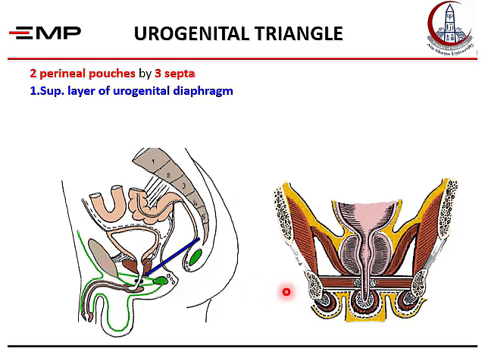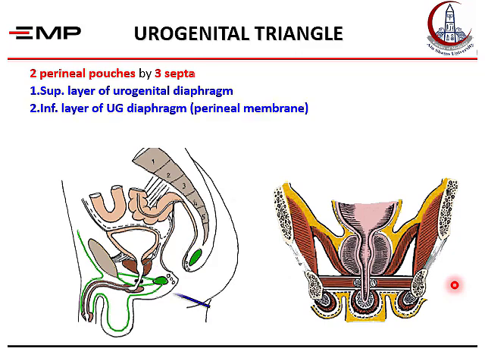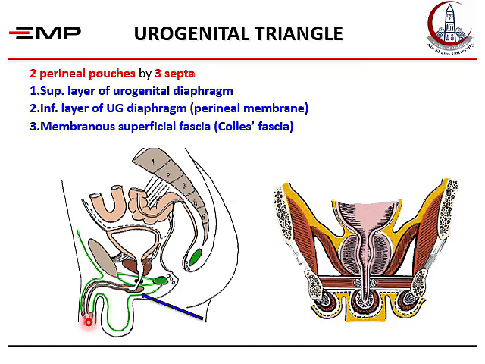Here it is. It makes the roof of the deep perineal pouch. And the perineal membrane, which is the inferior layer of urogenital diaphragm, separates the deep perineal pouch from the superficial perineal pouch. And the third is the superficial fascia, which extends into the scrotum and the penis and is called Colles fascia.